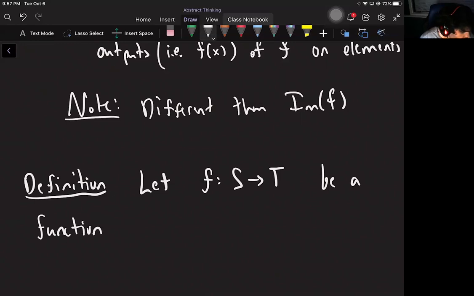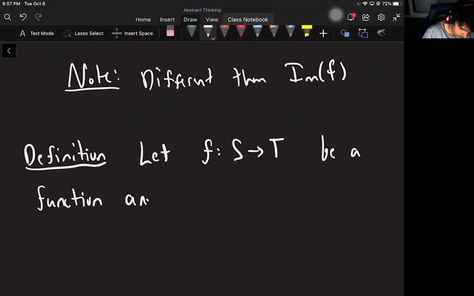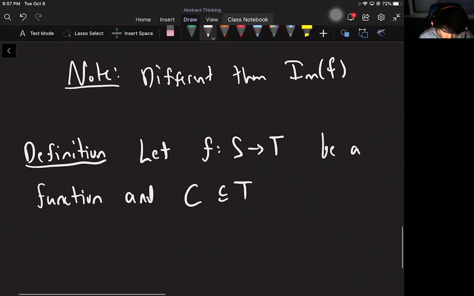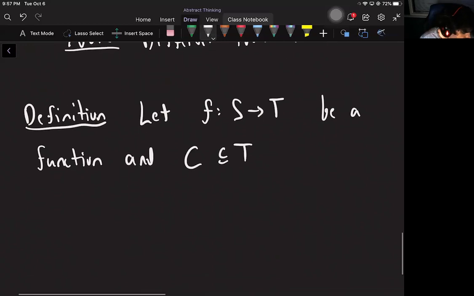So this will be another function, and I'm going to call the set C to match things later. Now I'm looking at a subset of the codomain. Then, if I send it back to the domain, the name of that set is called the preimage.